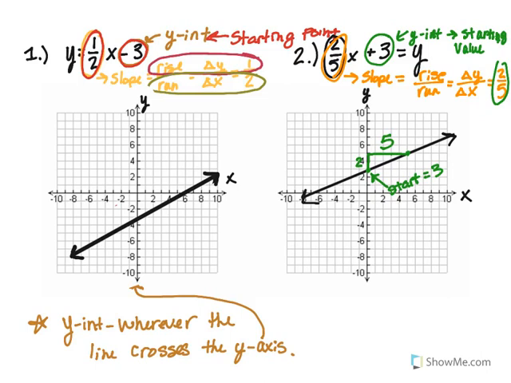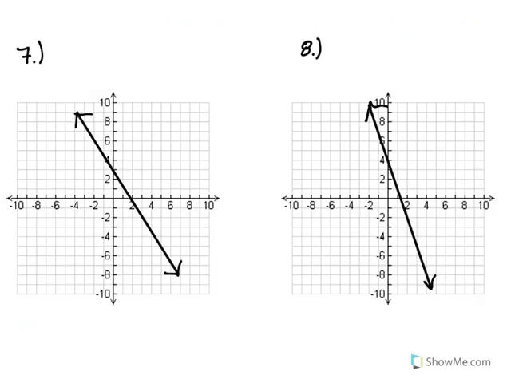Okay? So now we're going to switch, and we're going to have a graph, and we're going to write an equation for it. So here's our graphs for 7 and 8, and we need to write an equation. When we write these equations, it's going to be y equals mx plus b. So we need to fill those things in.